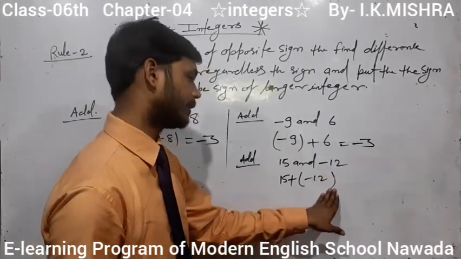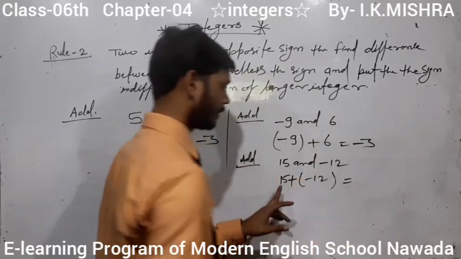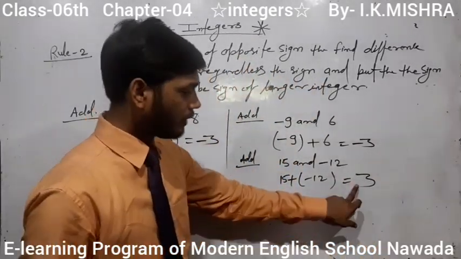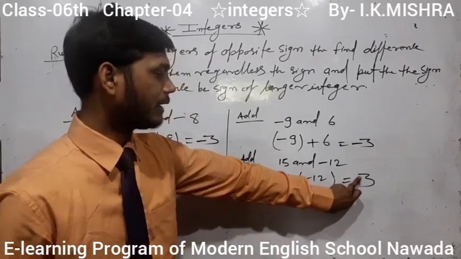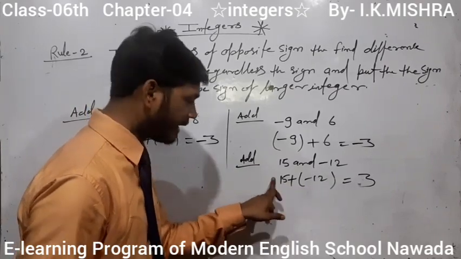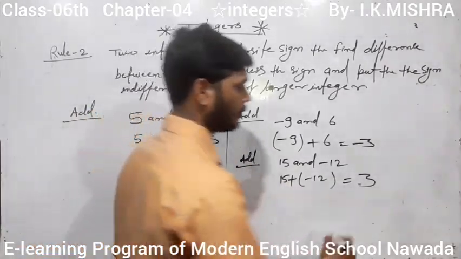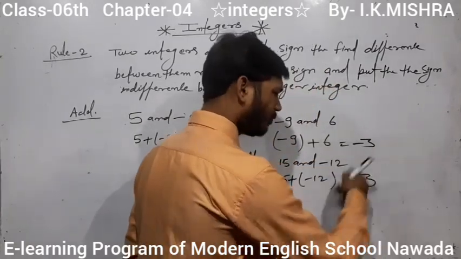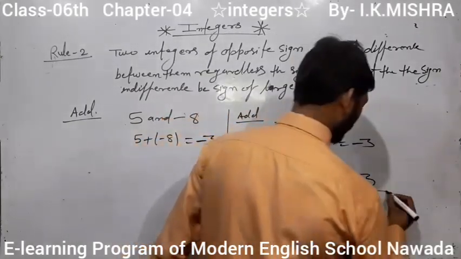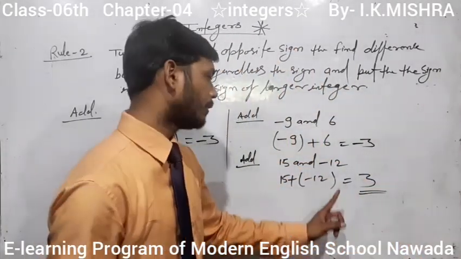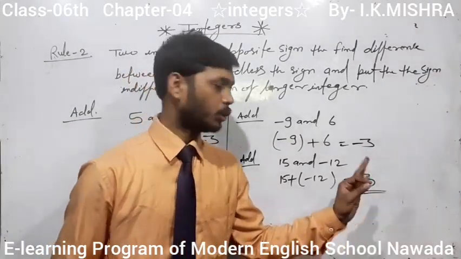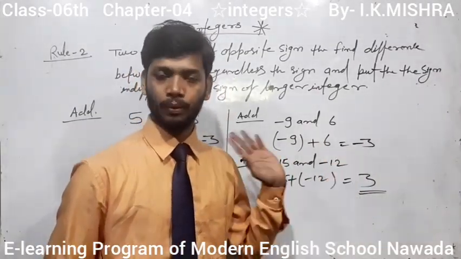So first find the difference. The difference is equal to 3, and you have to put the sign. Here 15 is greater and its sign is positive, so it is a positive integer, and the positive sign does not have to be written here. The positive sign is already hidden with integers, so its value is equal to 3. I think, students, you will complete all this type of problems.